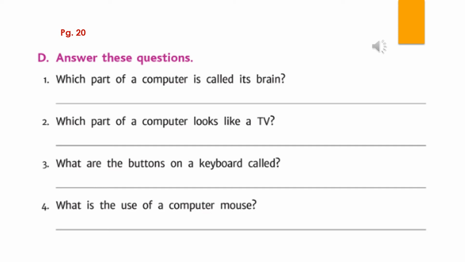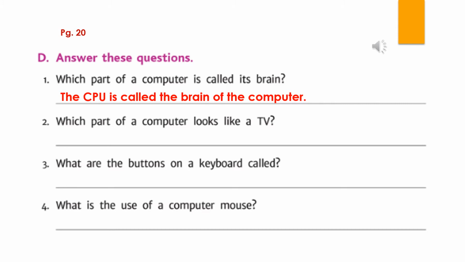So the first question is, which part of a computer is called its brain? Yes, the CPU is called the brain of the computer, and the full form of CPU is Central Processing Unit.